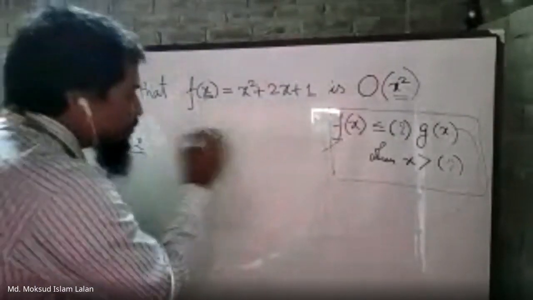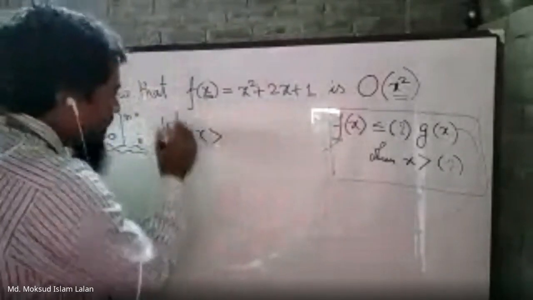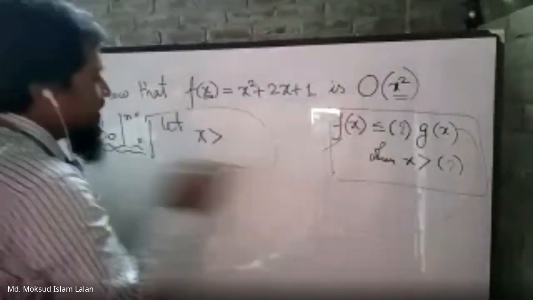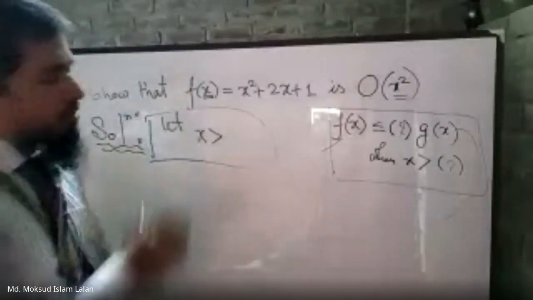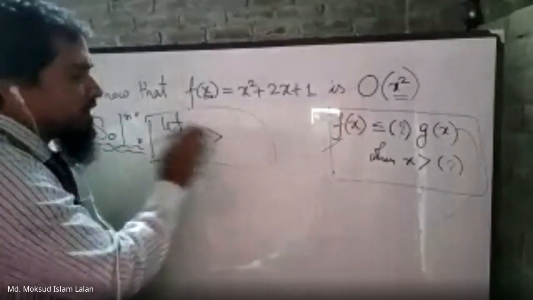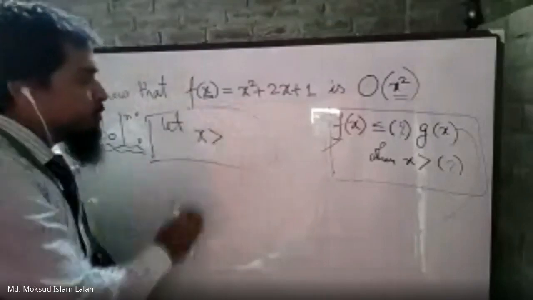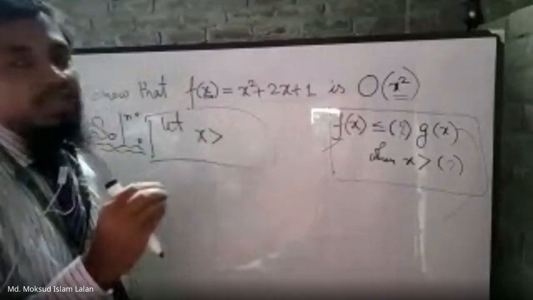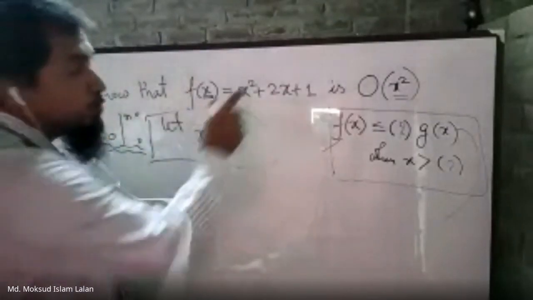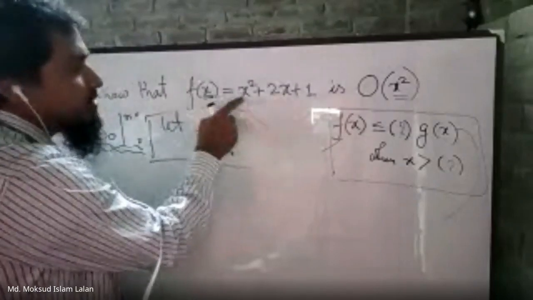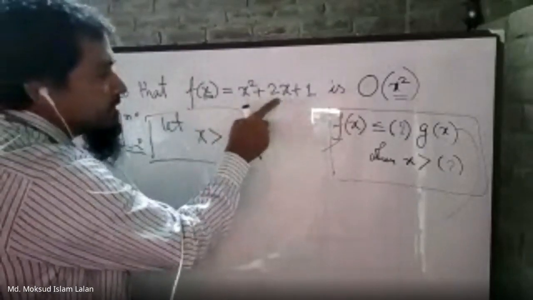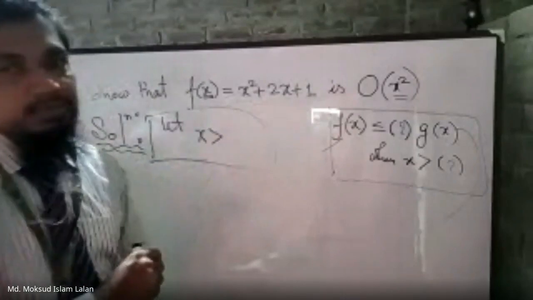Dear student, to constant this, you have to consider something. You need to suppose some values, and consider them in such a way as to check this. Here x square, here twice x, here 1, right?